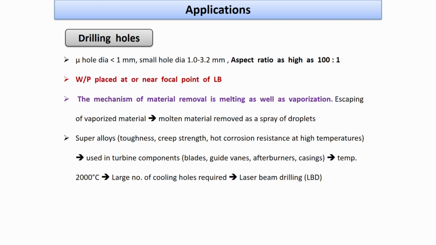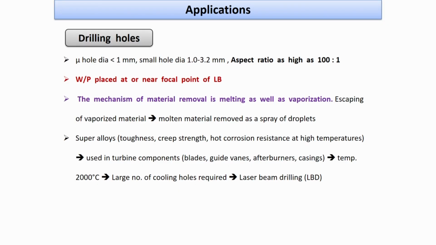The mechanism of material removal is melting as well as vaporization. When the vaporized material escapes from the drilled holes, the molten material is removed as a spray of droplets.